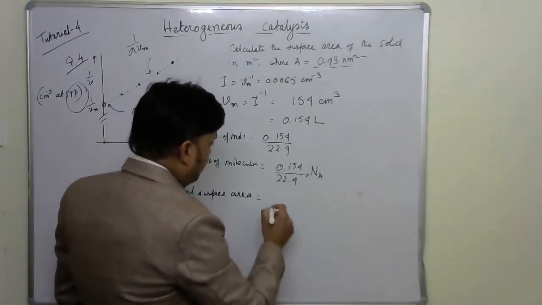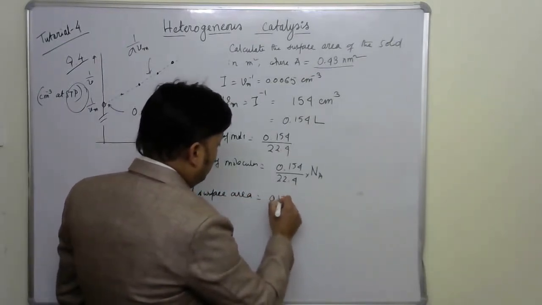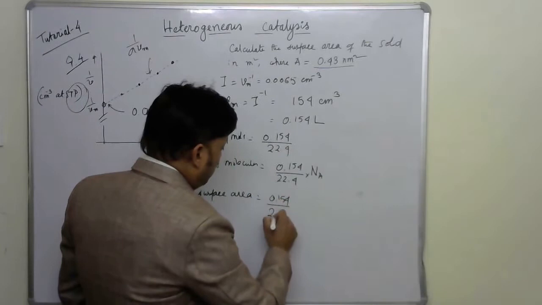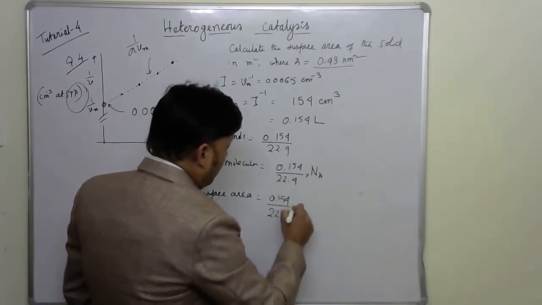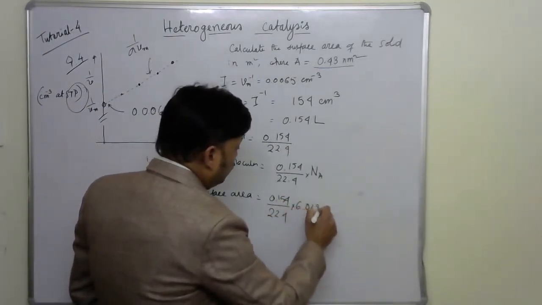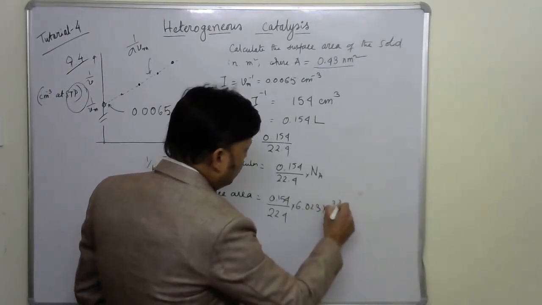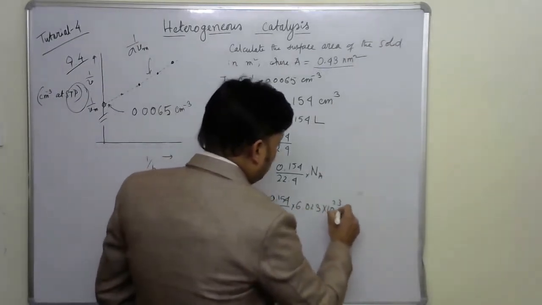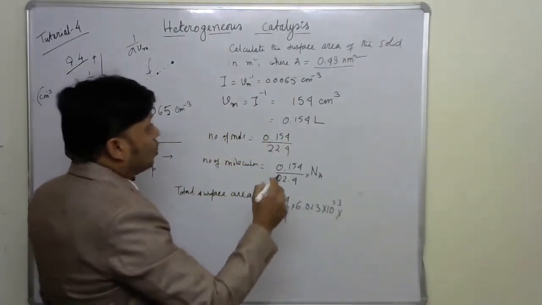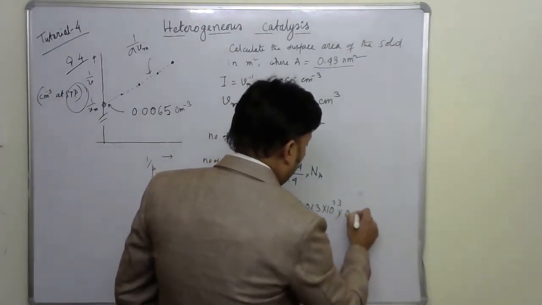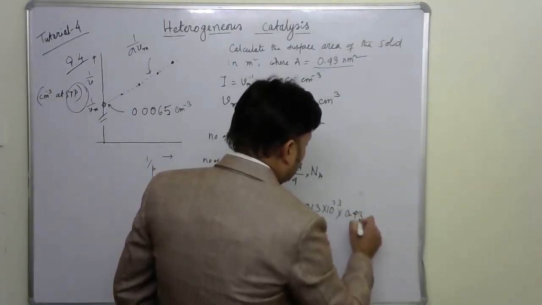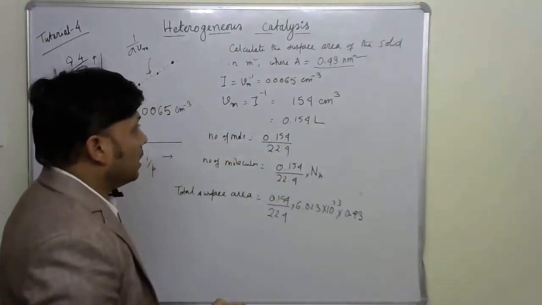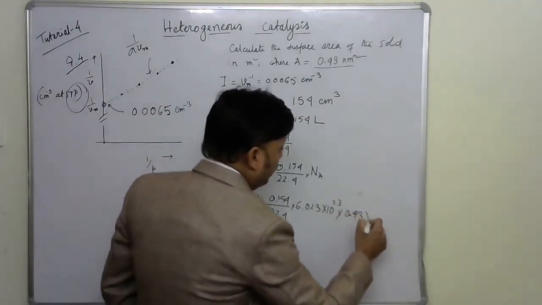So the total surface area is equal to 0.154 divided by 22.4 multiplied by 6.023 into 10 to the power 23 multiplied by now 0.43 nanometer square. So the question is what value we should write for the nanometer square.